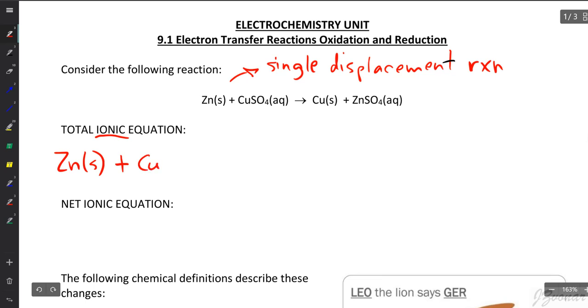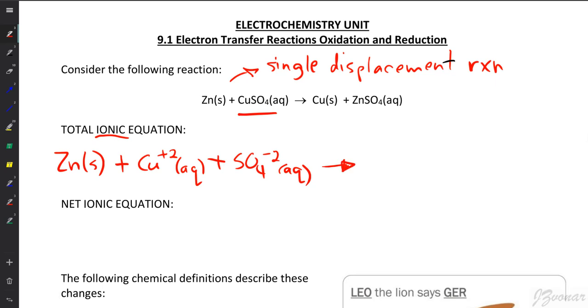So the copper 2 sulfate here, since it's aqueous, is going to ionize or dissociate into copper plus 2 ions and sulfate ions, SO4 negative 2. You have to recall your nomenclature here in order to determine the charges, as well as using your periodic table to predict their charges by applying the crisscross rule in reverse.